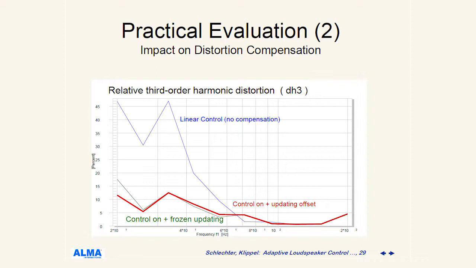So we generate more distortions than the true loudspeaker because we are not at the right position with the voice coil offset, and it's mainly producing second order distortions if we have a voice coil shift. But if we update the voice coil offset as one parameter, we are very fine again with the distortion reduction.